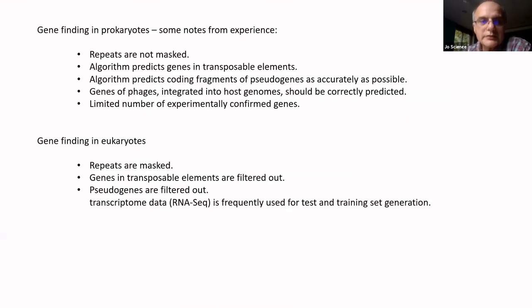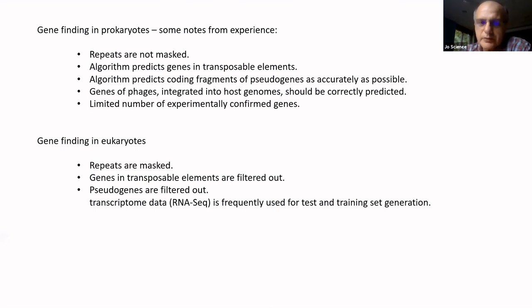Before we move to the eukaryotic part, I want to emphasize some differences in the community. When we talk about gene prediction in prokaryotes, the requirements are quite different from the eukaryotic world. For example, if there are repetitive sequences, in eukaryotes they are masked.